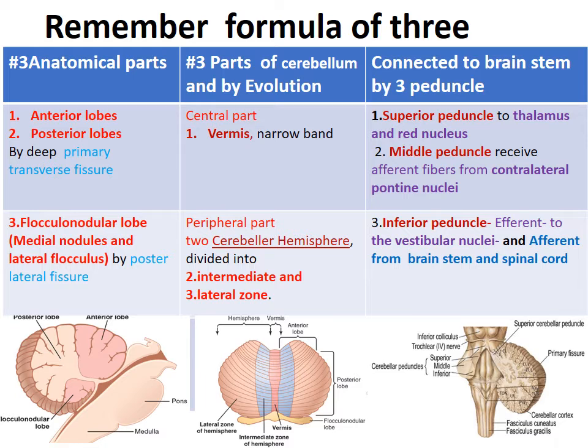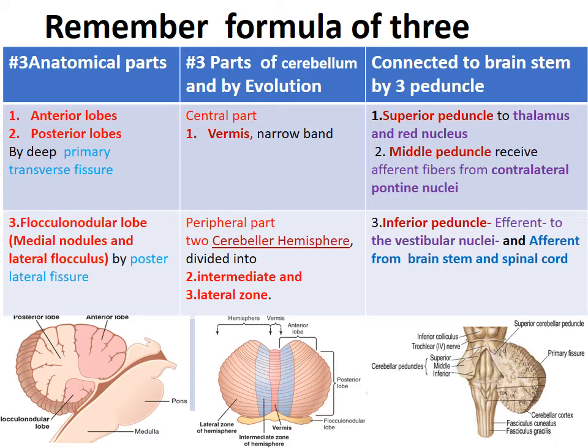Through the superior peduncle it connects to the thalamus and the red nucleus. The middle peduncle receives afferent fibers from the contralateral pontine nuclei. The inferior peduncle is efferent to the vestibular nuclei, and it receives afferent fibers from the brain stem and spinal cord.